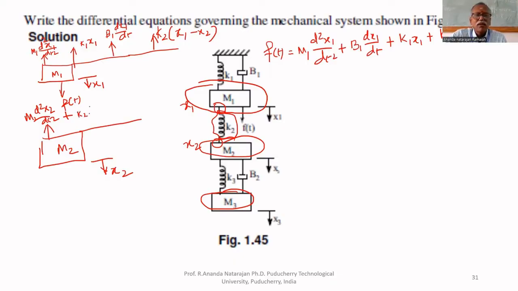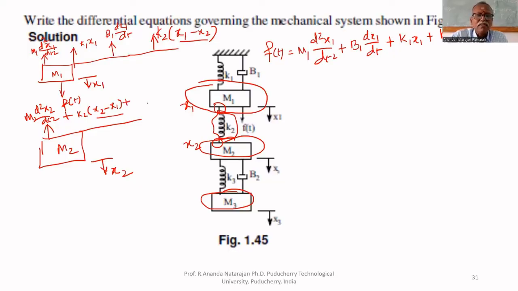Therefore, K2 multiplied by x2 minus x1 because x2 is the reference. Earlier we wrote x1 minus x2 while considering M1, but here, while considering M2, we have to write x2 minus x1 because the direction of x2 is considered. That is the only difference.